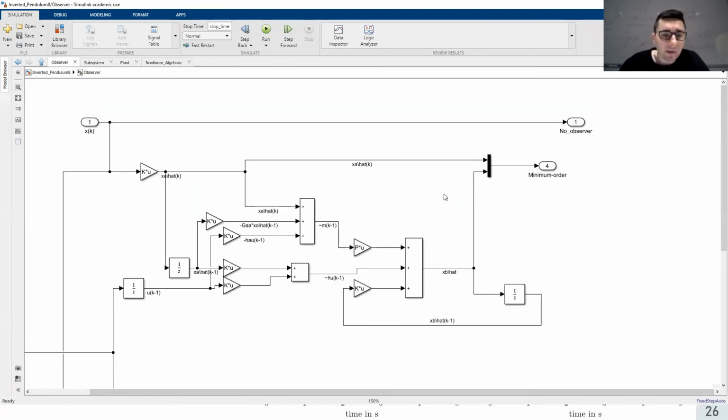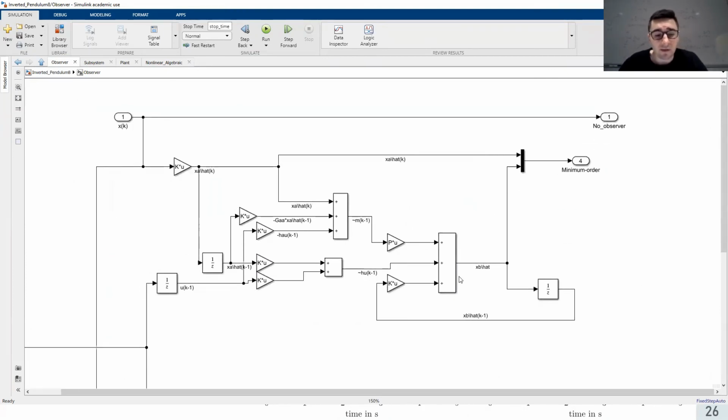It looks a little bit like a mess, but it's nothing else than the expression that we've seen in PowerPoint. So we've got the states, the previous estimate of XB here. We take the previous estimate, take a unit delay, and feed it back with the gain JBB minus PGAB, which is our closed loop poles.